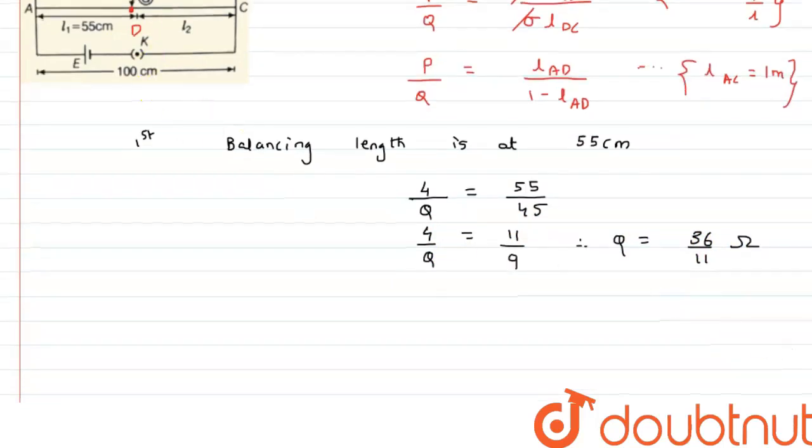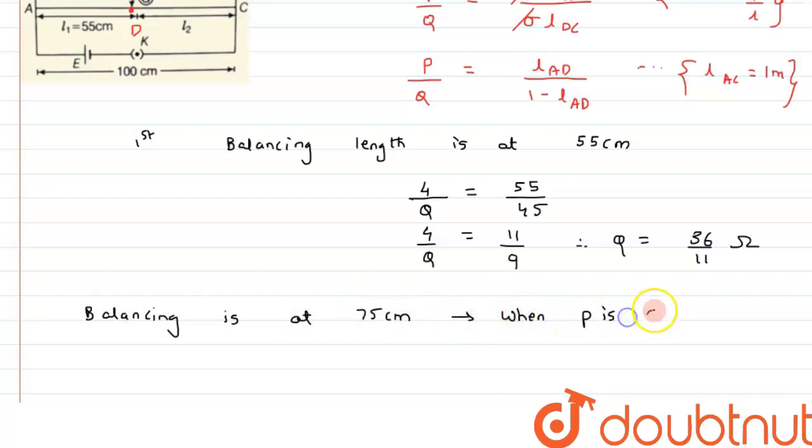Now in the second part it says the balancing length is at 75 centimeter when P is connected in series with X. So the situation will look something like this if we try to show it in the figure.